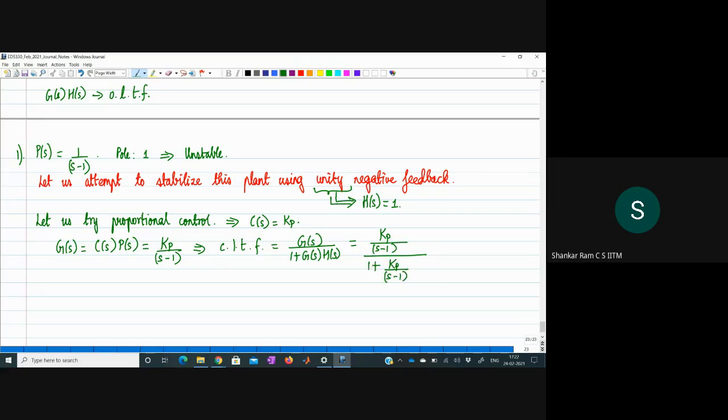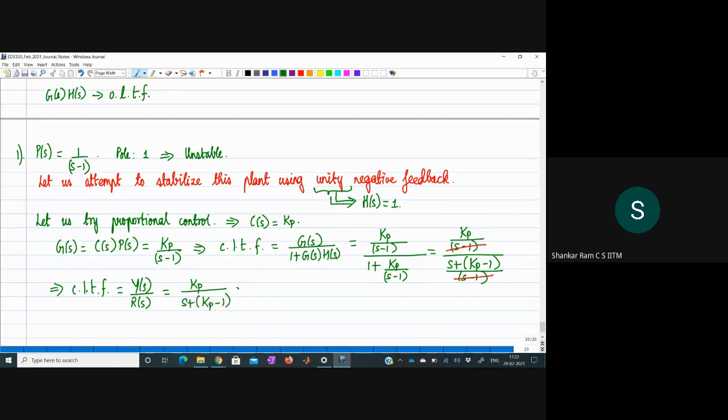Why? Because H of S is 1, right? So we have Kp by S minus 1 divided by S plus Kp minus 1 divided by S minus 1, right? I'm just taking LCM in the denominator, so this S minus 1 will now get cancelled. As a result, the closed loop transfer function, which is nothing but Y of S by R of S, is going to be equal to Kp divided by S plus Kp minus 1.